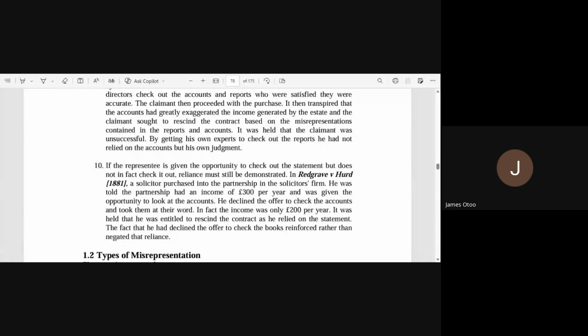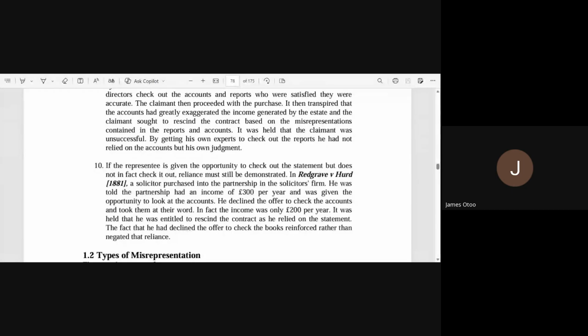He declined the offer to check the accounts and took them at their word. In fact, the income was only 200 per year. It was held that he was entitled to rescind the contract as he relied on the statement. The fact that he had declined the offer to check the books reinforces rather than negates his reliance.